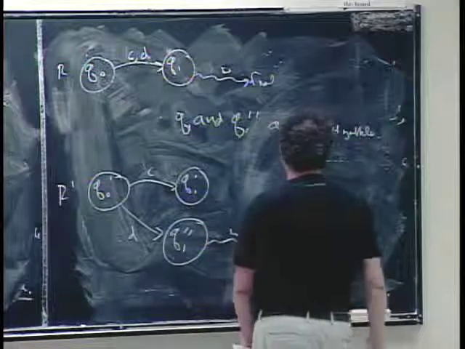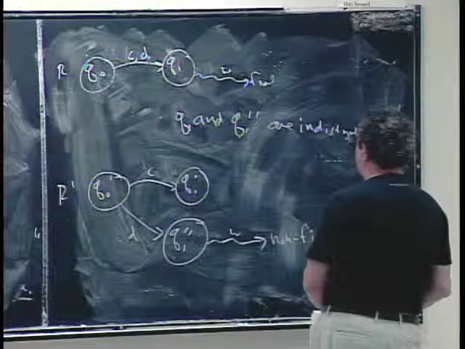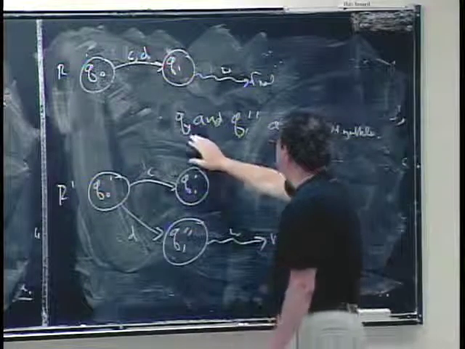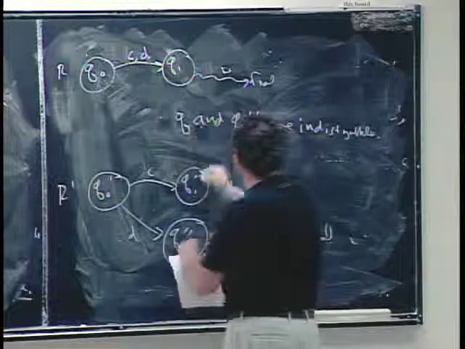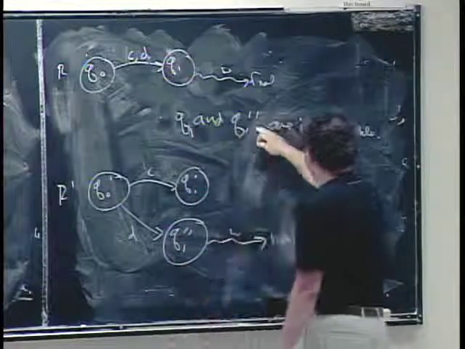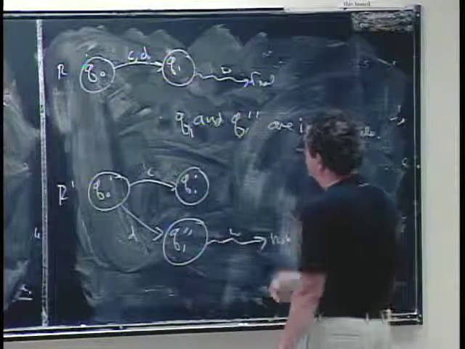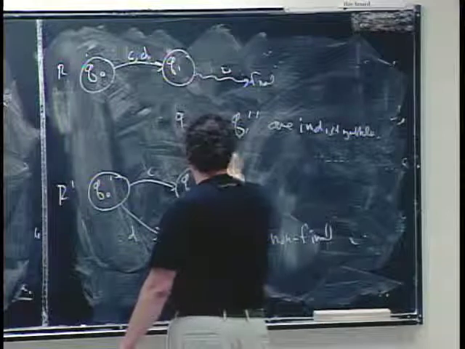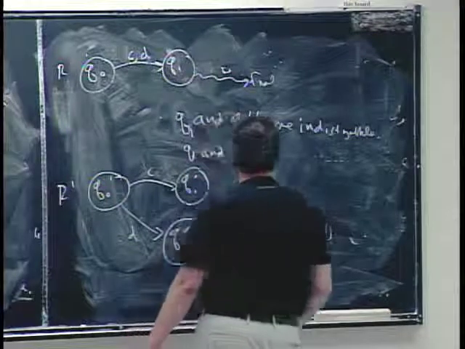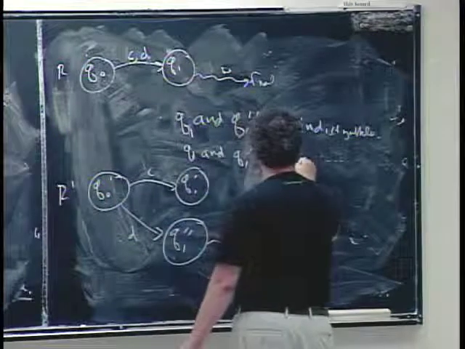Okay? Those are indistinguishable. Well, okay, so Q1 and Q1 double prime are indistinguishable, but we also said that Q1 and Q1 prime are indistinguishable.